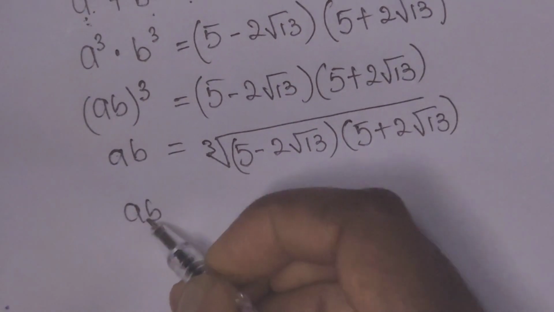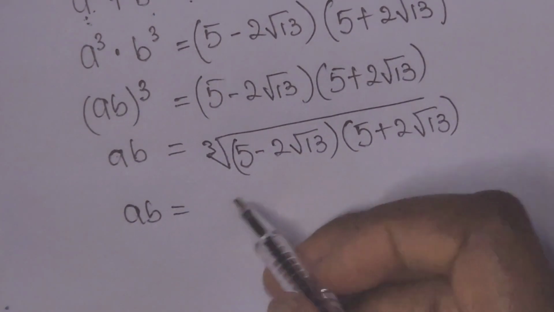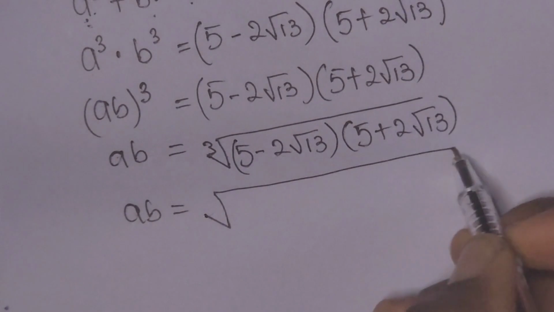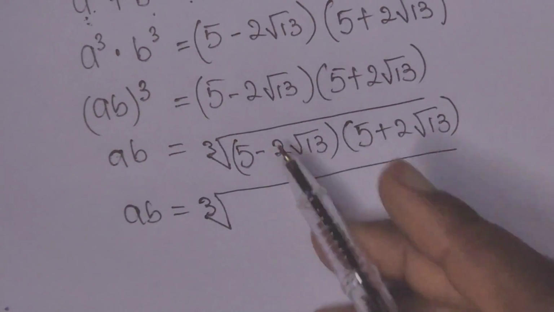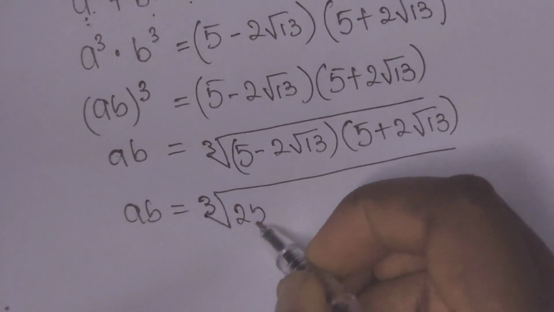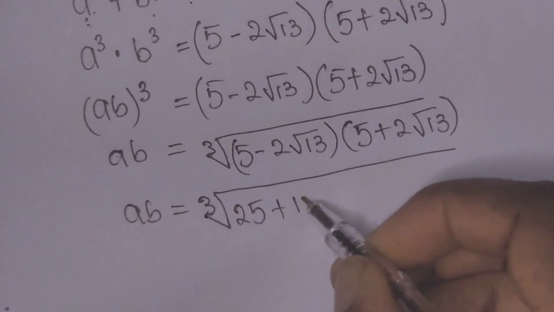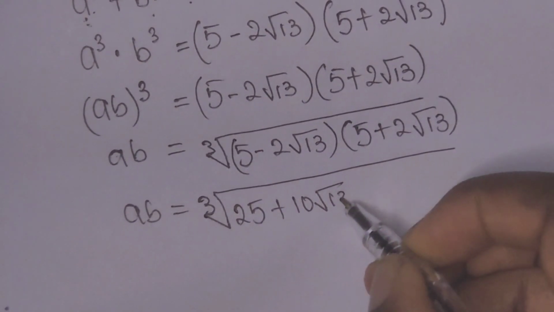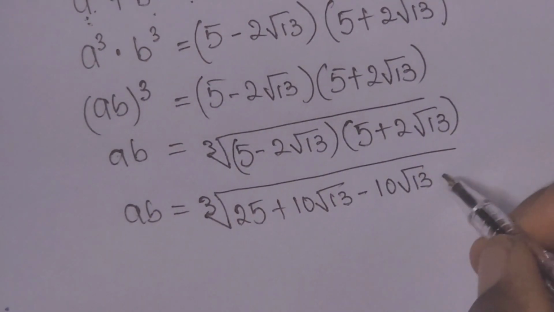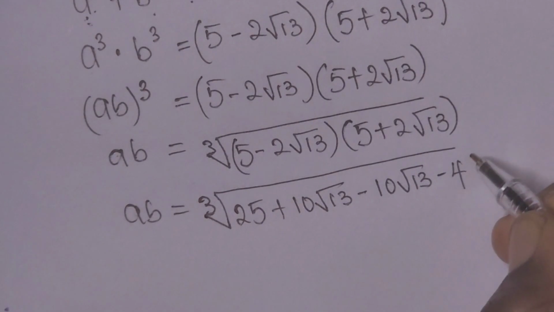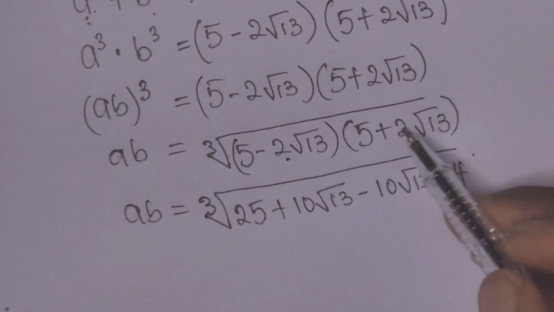So our AB will be equal to the cube root of, when we open up this bracket, we have 25 plus 10 root 13 minus 10 root 13 minus 4. 2 times 2 is 4.